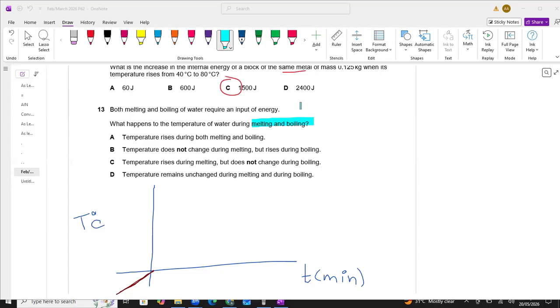As the ice reaches 0 degrees Celsius, we get a straight horizontal line, which shows that the ice is melting and there is no change in temperature. Because during melting, the heat energy absorbed by the ice is used to break the bonds between the ice molecules.